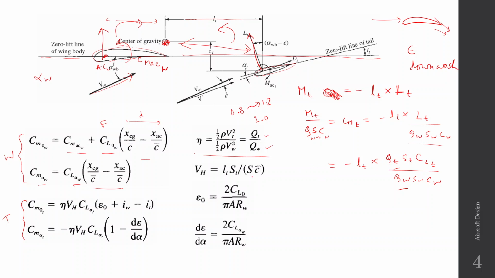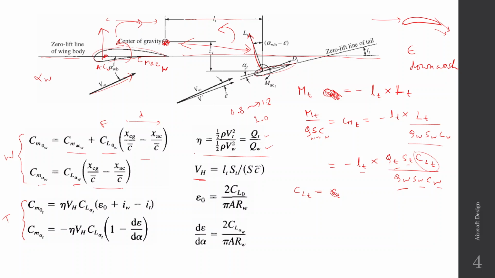Then we have something called the horizontal tail volume ratio. This consists of the terms small lt, St, Sw, and cw, clubbed together and called the horizontal tail volume ratio. Then we have the CLt term, which you can expand further.